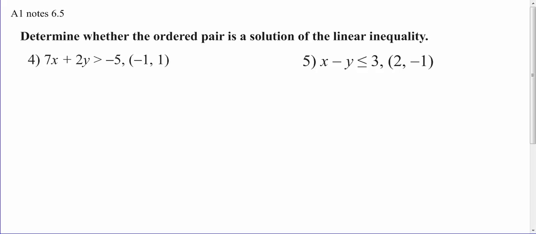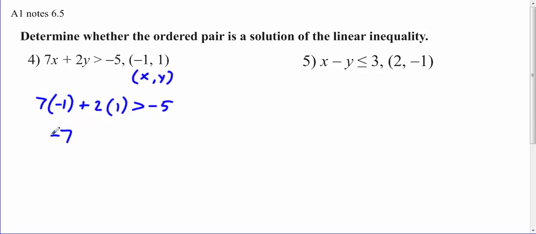All right, determine whether the ordered pair is a solution of the linear inequality. Guys, all this is, is plug it in and see if it works. This is x, this is y. We're going to plug those values into this inequality over here. So I'm going to have 7 times -1 plus 2 times 1 greater than -5.